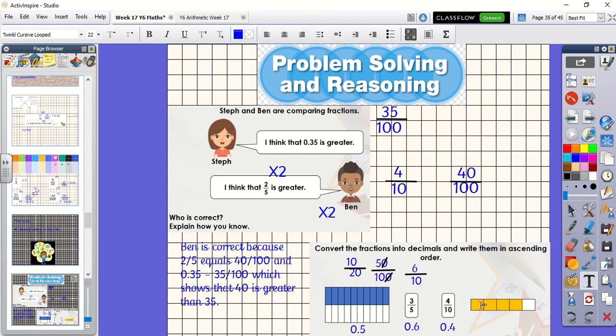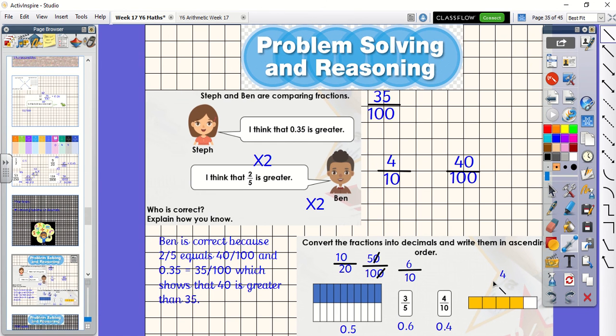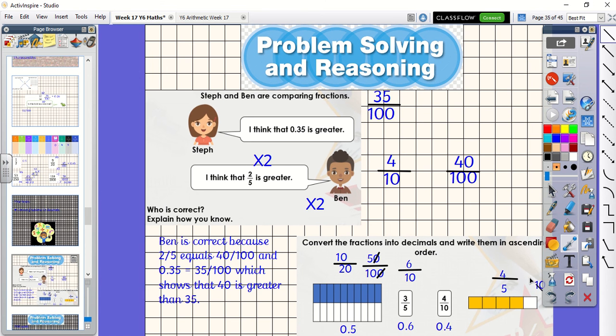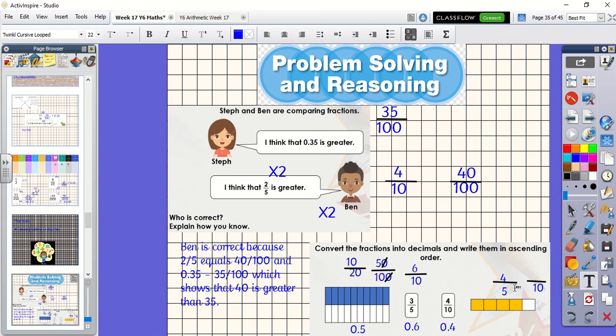And then here we have got 1, 2, 3, 4, 4/5. So to convert 4/5 into tenths, I multiply 5 by 2. So whatever I do to the bottom, I do to the top. So 4 times 2 is 8.